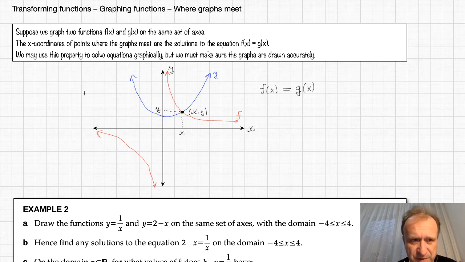So we may use this property that f of x equals g of x at the point of intersection to solve equations graphically, but we must make sure the graphs are drawn accurately.